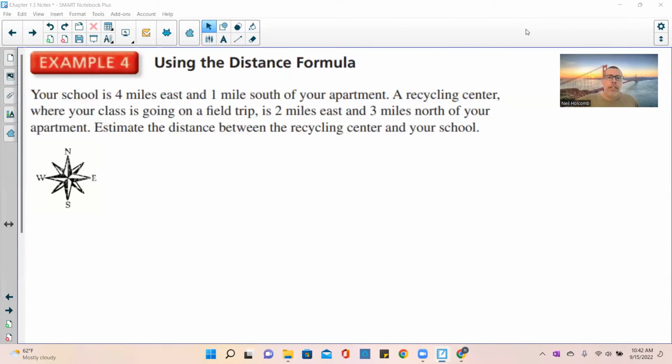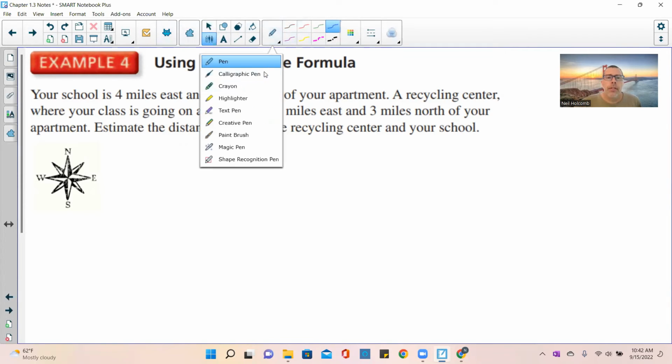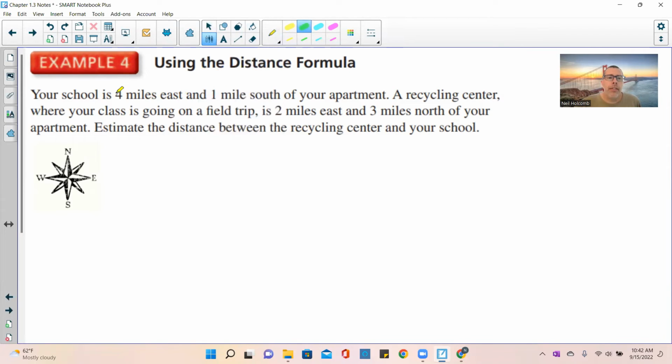Okay, example 4 says, using the distance formula, your school is 4 miles east and 1 mile south of your apartment. Let me draw a quick sketch of that. Here's our apartment.